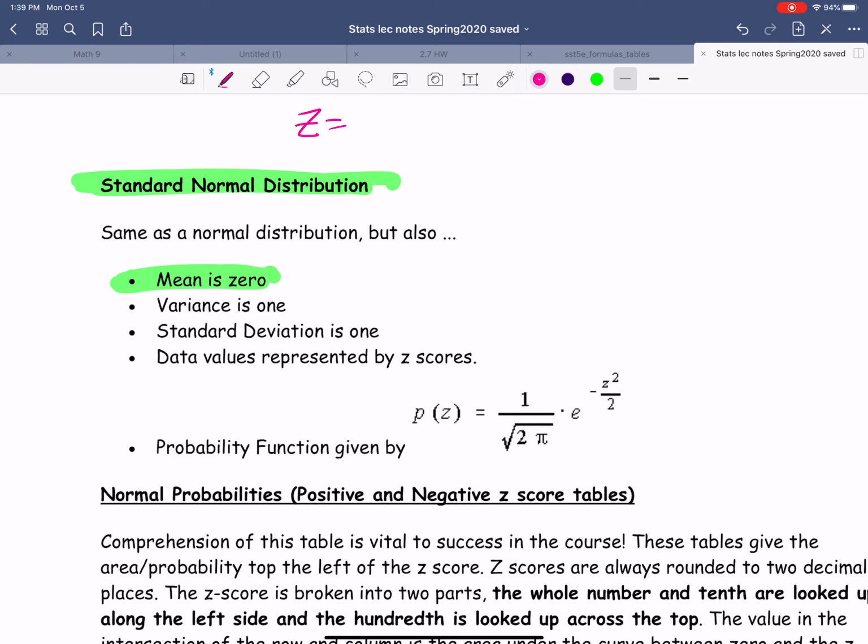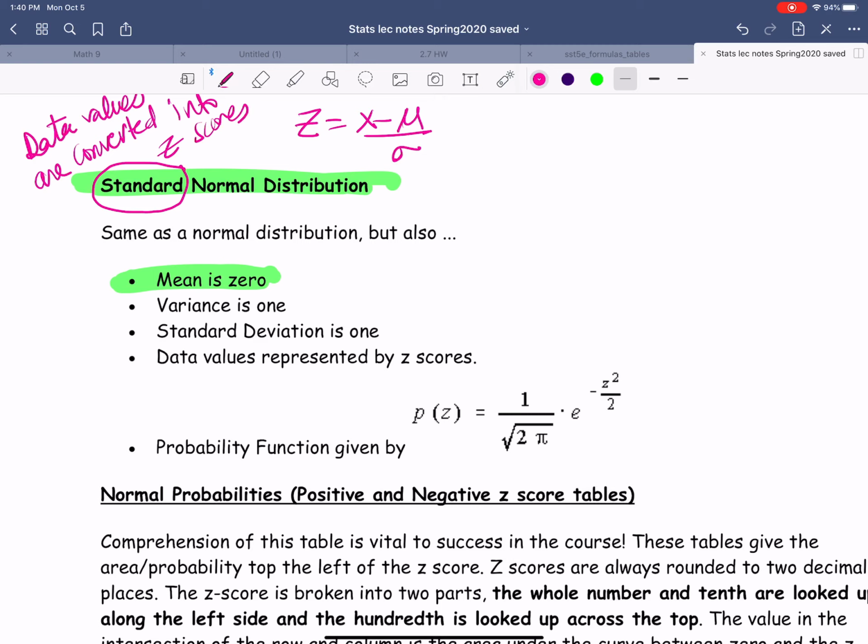The formula to calculate the z-score is z equals x minus mu over sigma. So in a standard normal distribution, data values are converted into z-scores.